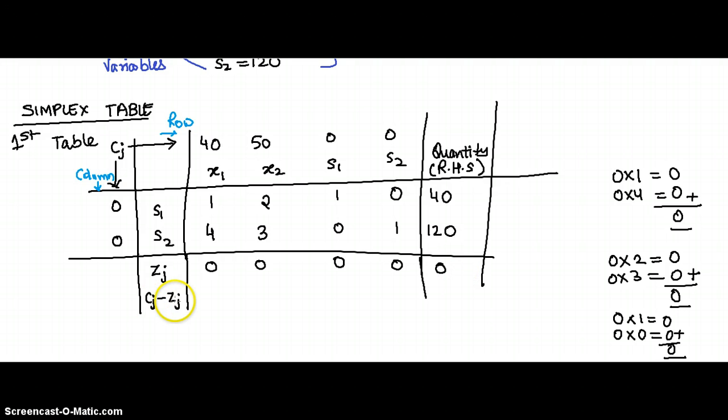So we want Cj minus Zj. What we will do: 40 minus 0 gives you 40. 50 minus 0 gives you 50. 0 minus 0 gives you 0. Again 0 minus 0 gives you 0. There is no term over here because there is no Cj value over there. Okay, so this is our first simplex table.